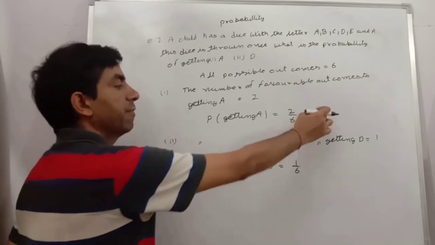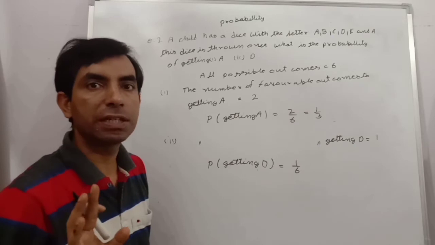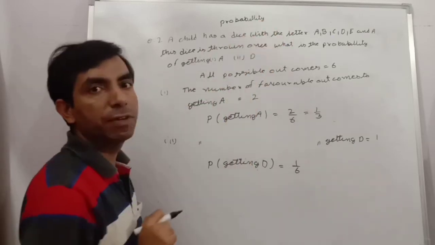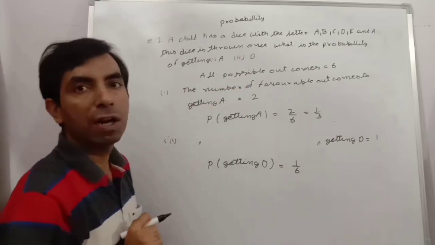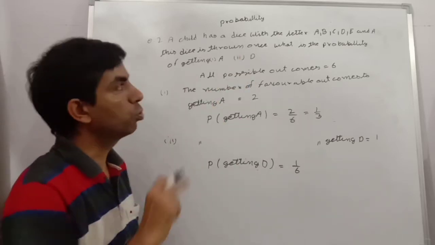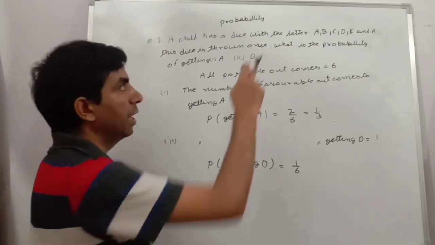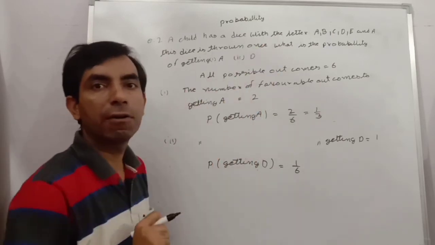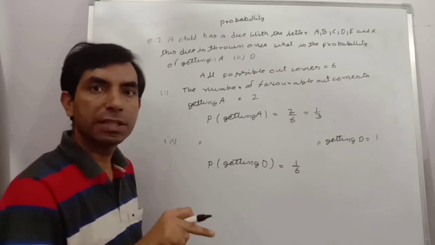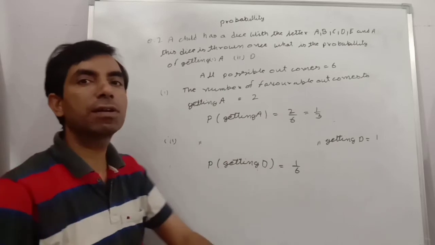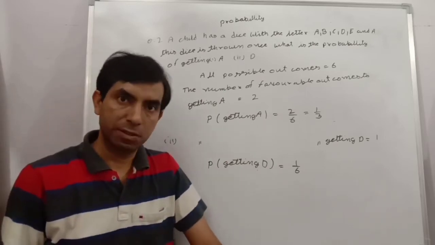Write the answer directly, 1 upon 3 and 1 upon 6, by observation. Because in observation we know the number of favorable outcomes for A is 2, total is 6, so 2 upon 6 is 1 upon 3 directly, and D is 1 time, so the probability is 1 upon 6. By this method we can easily calculate the probability for anything.